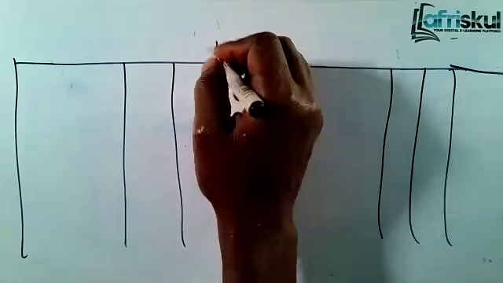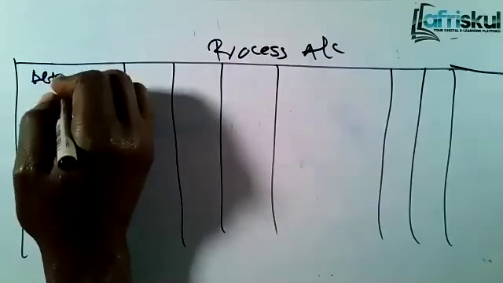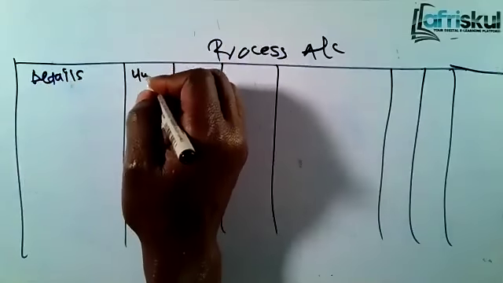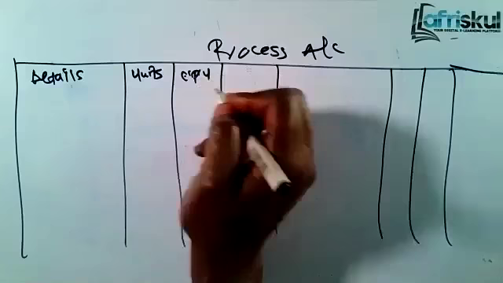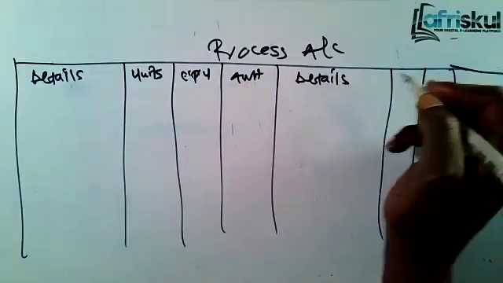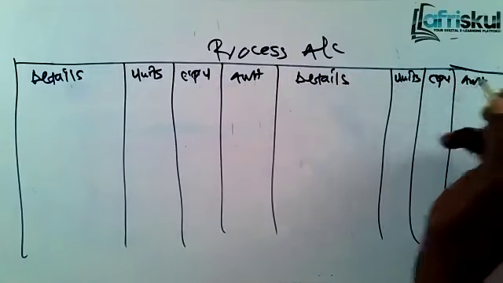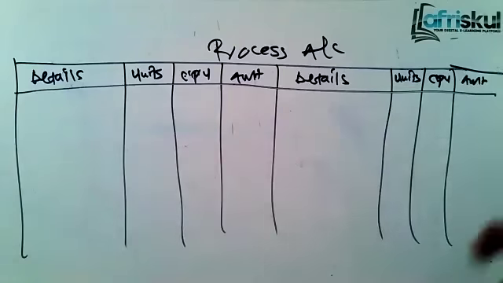Here we have the details: the units, cost per unit, then amount. The left-hand side of the process account is where inputs are recorded, and the right-hand side is where output is recorded.